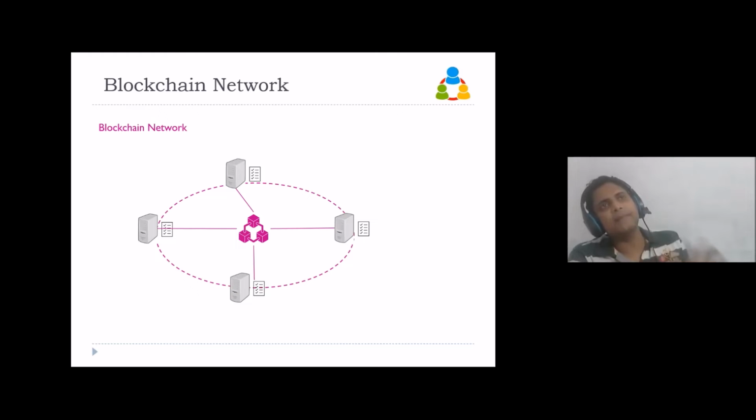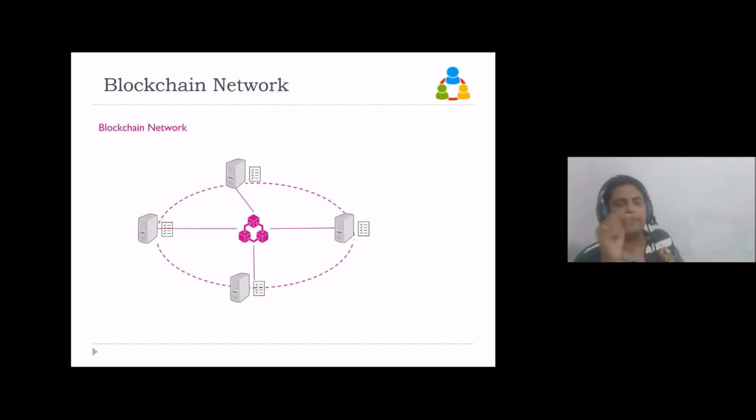So in a blockchain network, the blockchain consists of what we call the ledger. The ledger consists of records of transactions, similar to what we see in a banking ledger, right? There will be deposits, withdrawals, and transfers.